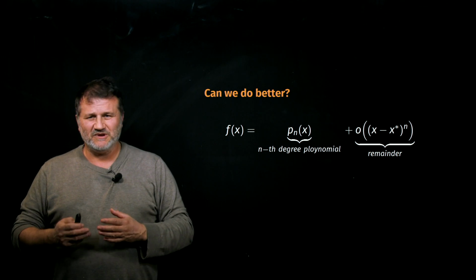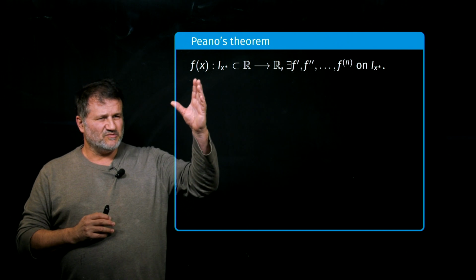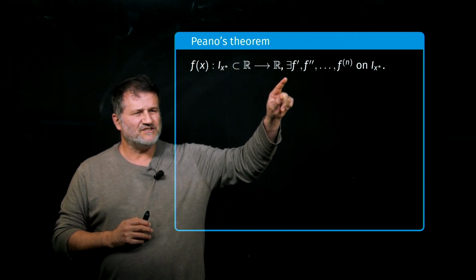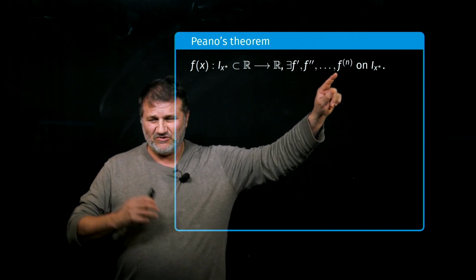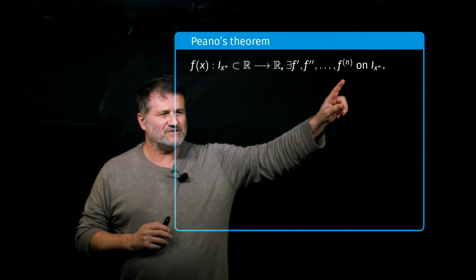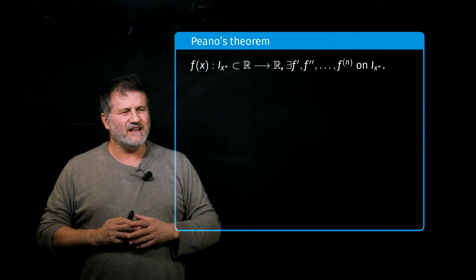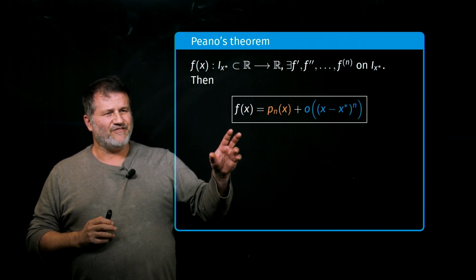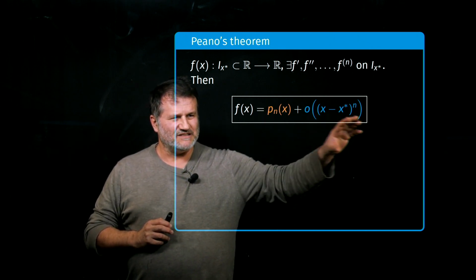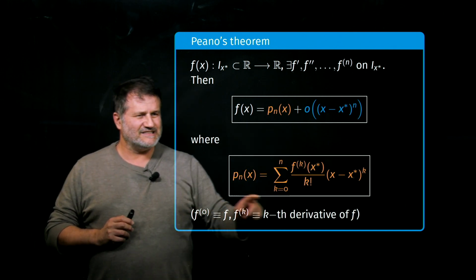Now, this is well possible, and the answer is provided by this important theorem, which says, suppose we have a function f defined in a neighborhood of some point x star, for which there are derivatives, so derivative of the derivative, and then we differentiate a certain number of times until order n on the neighborhood of x star. Then the function f of x can be written as polynomial Pn of x plus remainder, which is little o of (x minus x star)^n, where the polynomial has this shape.